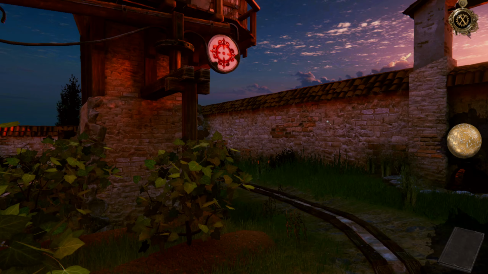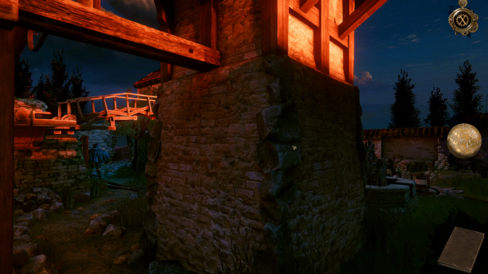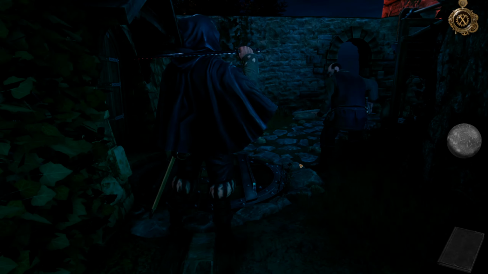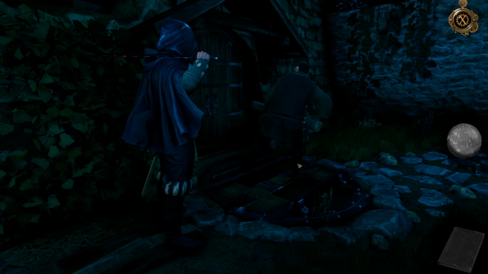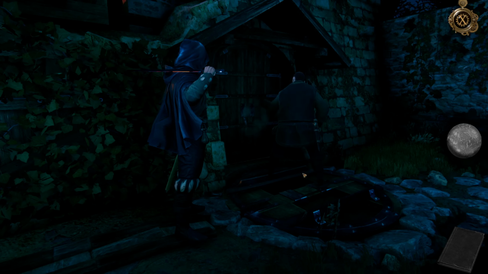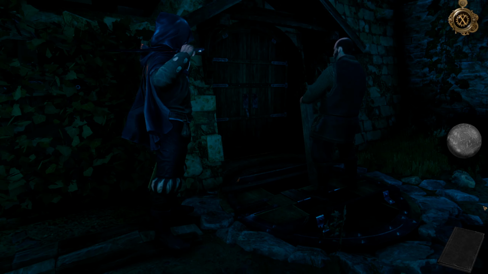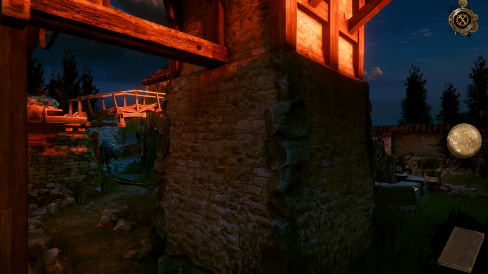It's much more lush out here now. Where's the cart? Getting tired, dude? I should hurry. I don't think the door can take much more.